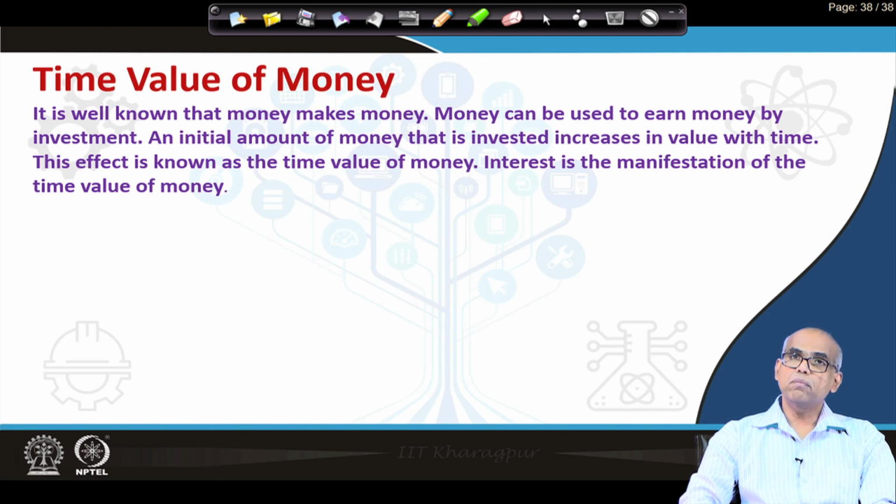If you put your money in a bank, you will earn interest and the money will grow. The money can be used to earn money by investment. An initial amount of money that is invested increases in value with time. This effect is known as the time value of money, and interest is the manifestation of the time value of money.